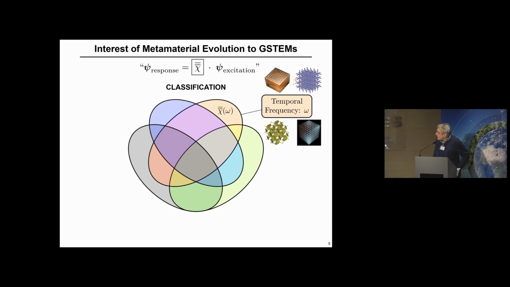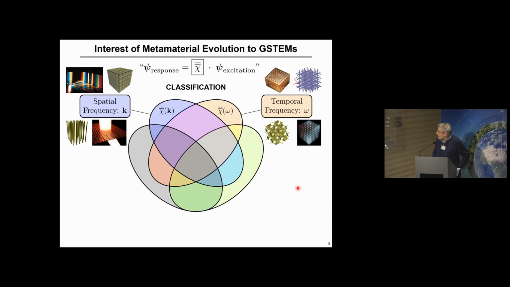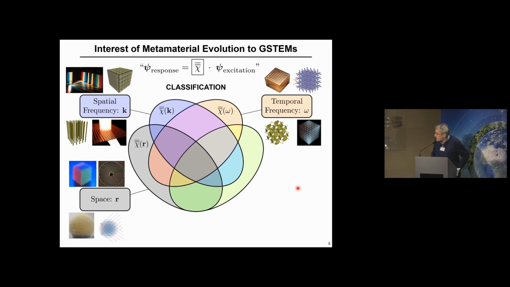So the chi can depend, from causality, on the temporal frequency, as in negative index materials, 3D wires, double Lorentz, all dielectric, for instance. The chi, of course, can depend on the spatial frequency, like you have in diffraction gratings and chiral media, 2D wire, and of course, meta-surfaces. It can depend on the position.